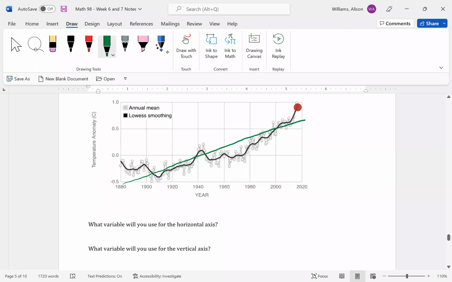So what variable shall we use for the y-axis? Well, let's do what we did last time. Let's get a starting variable here that makes sense. Now, based on my green line, my 1880 may not be a good starting value. I'm almost tempted to use 1900.